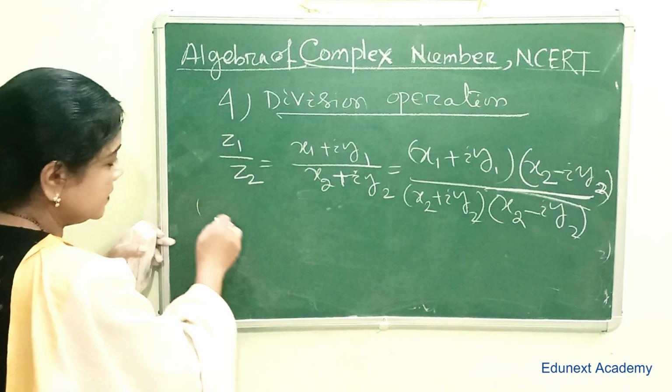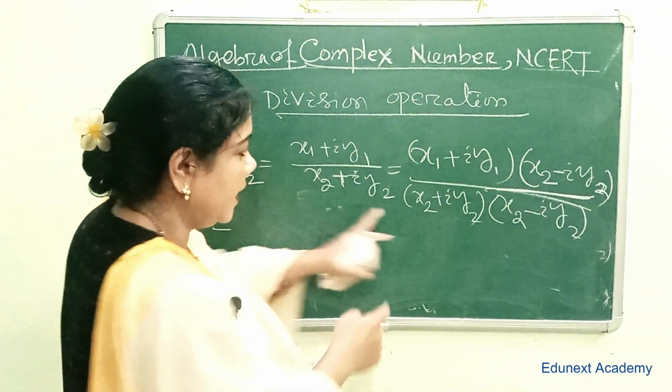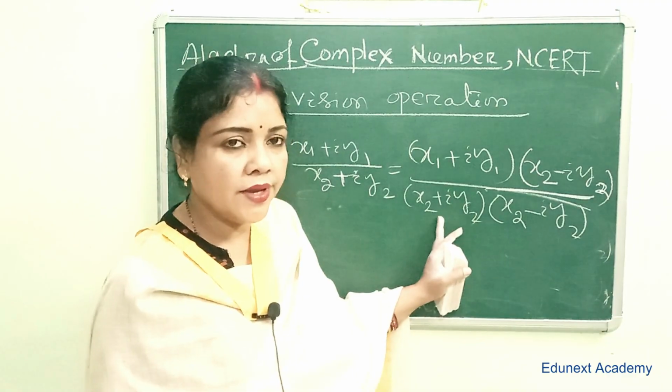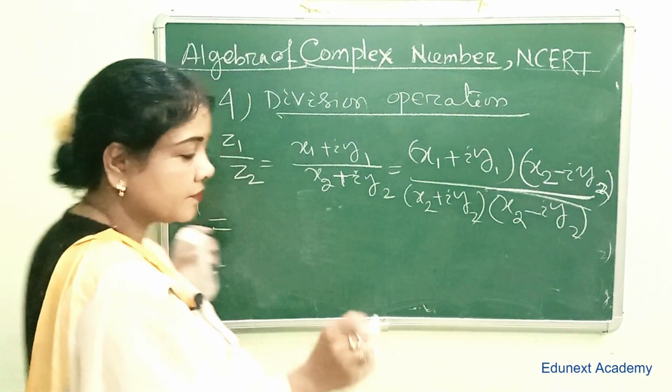Now let us individually multiply. (a plus b) into (a minus b) is a square minus b square.